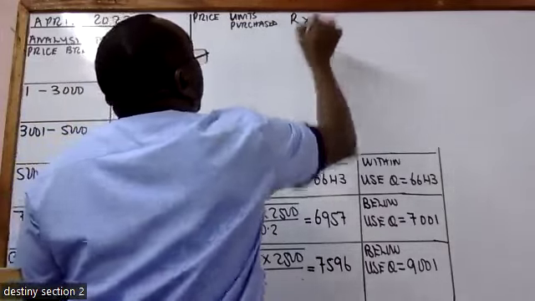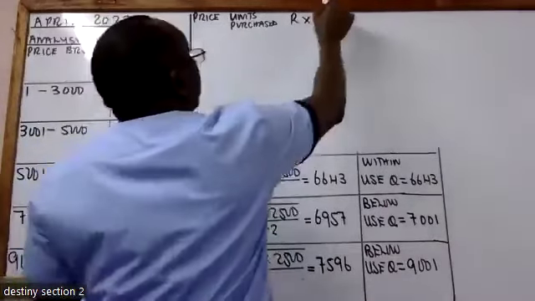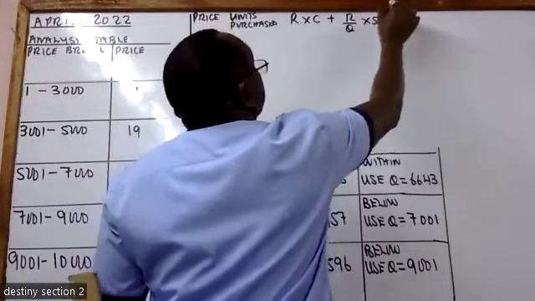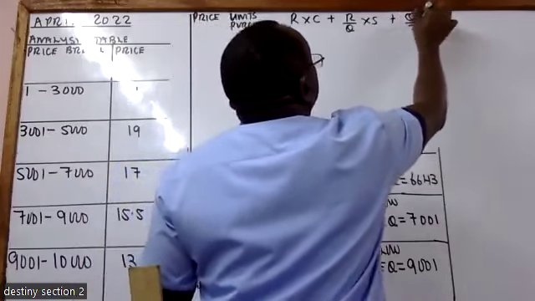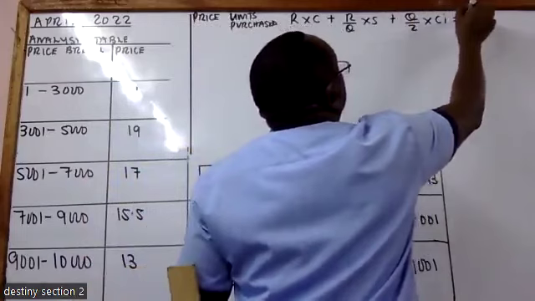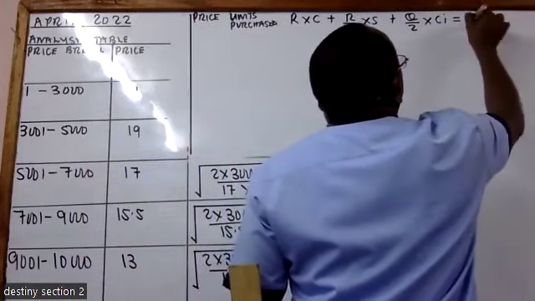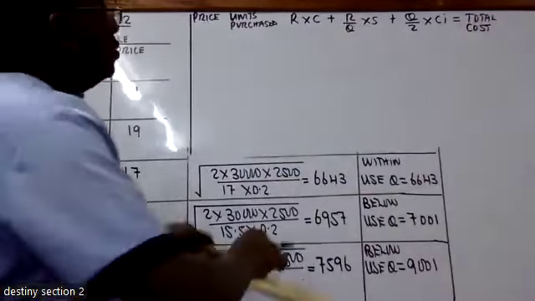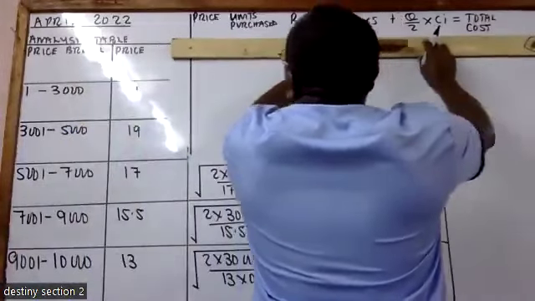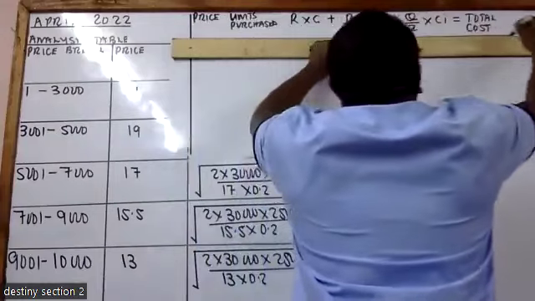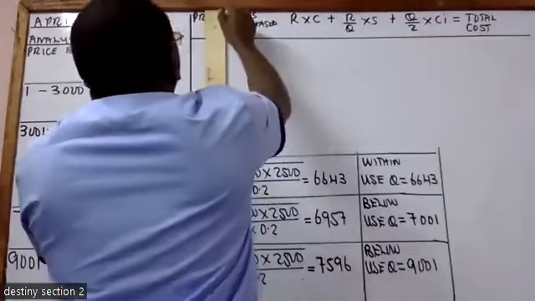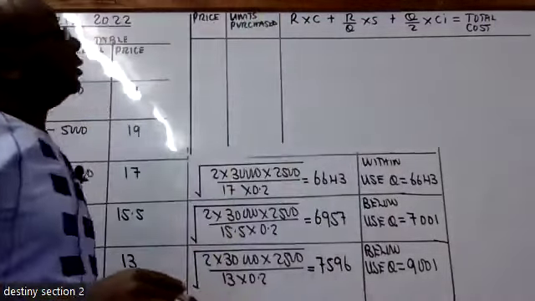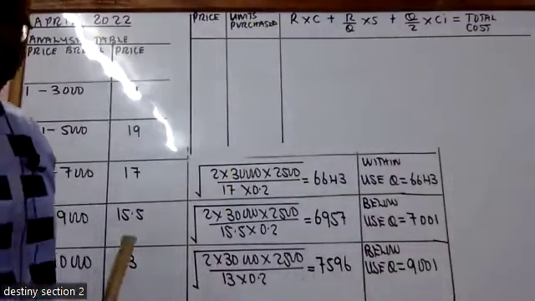Remember, cost is given as R times C plus R out of Q times S plus Q out of 2 times CI. That gives us total cost.